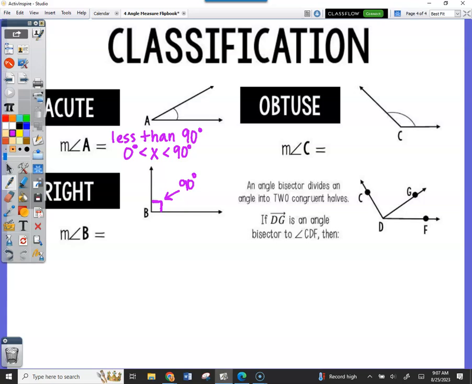And that is the symbol for the picture without them actually writing 90 degrees. So a right angle measures exactly 90 degrees. Not 90.1, not 89.9, 90. Okay? Not a wrong angle, but a right angle.